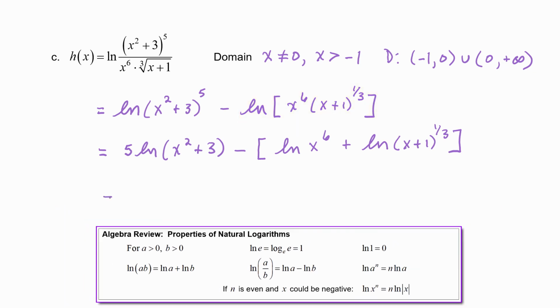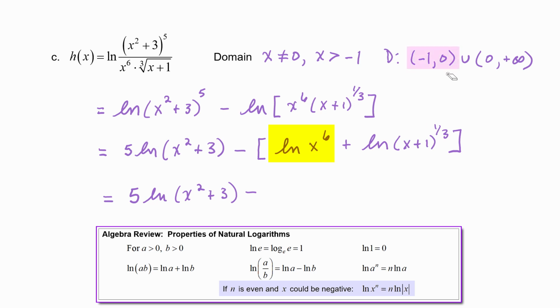So then this becomes equal to 5 times the natural log of x squared plus 3. And we have to distribute this negative sign. So we get minus. Now here we have an even exponent and we have an argument that could be negative.